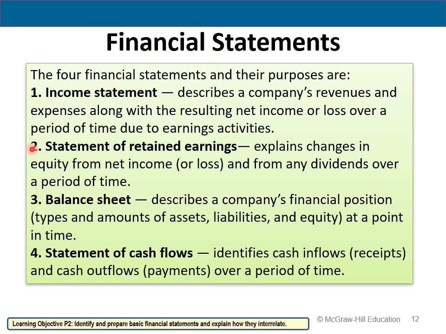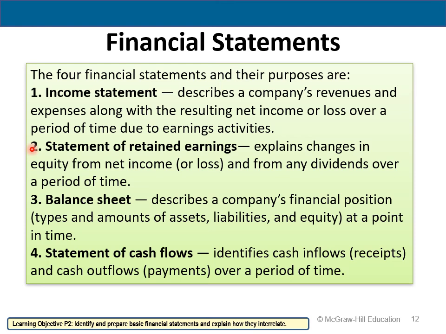Statement of retained earnings. This is a roll forward. So when I say that, all that really means is we'll start with the balance at the beginning of a period.